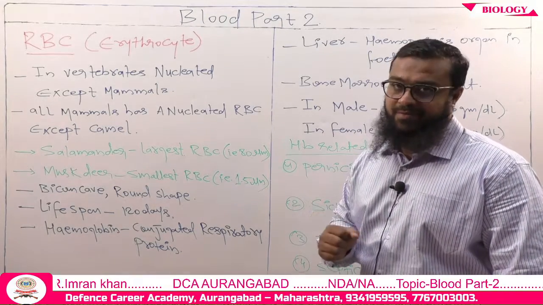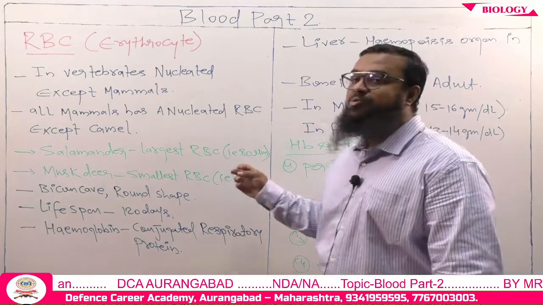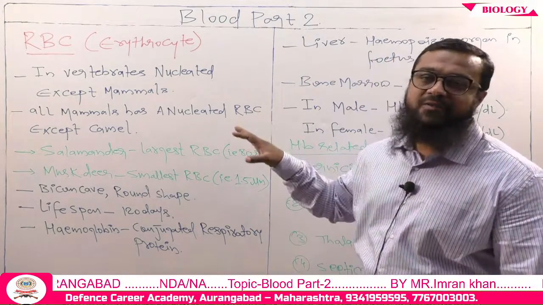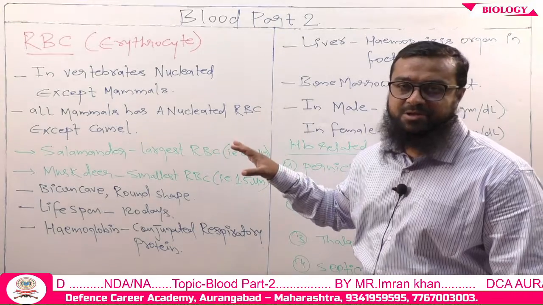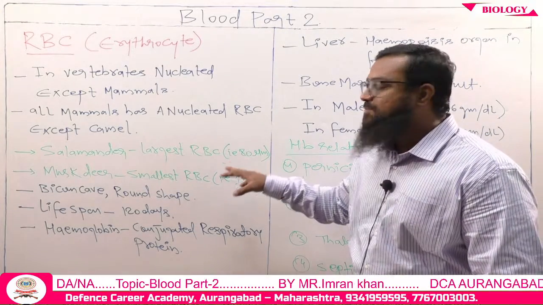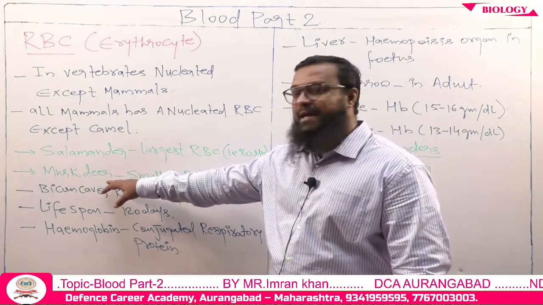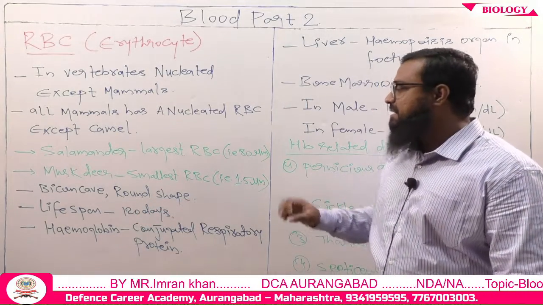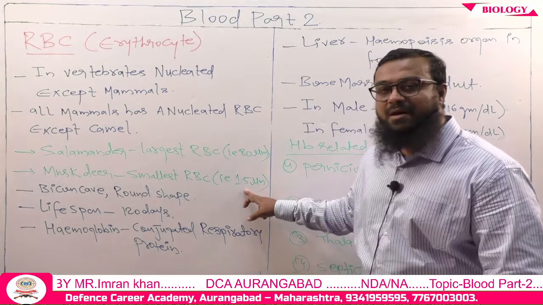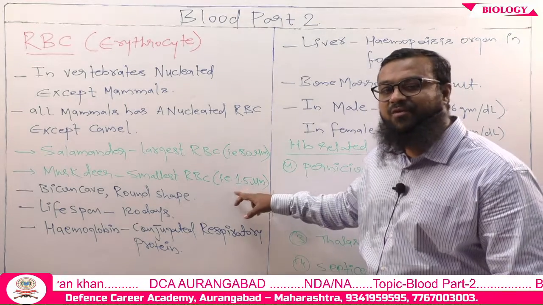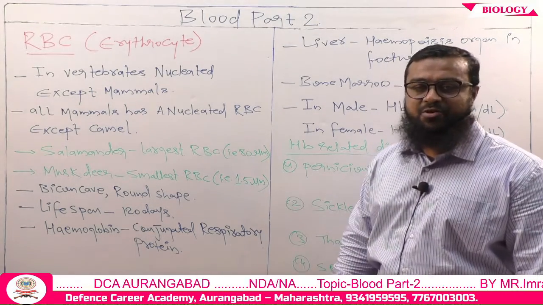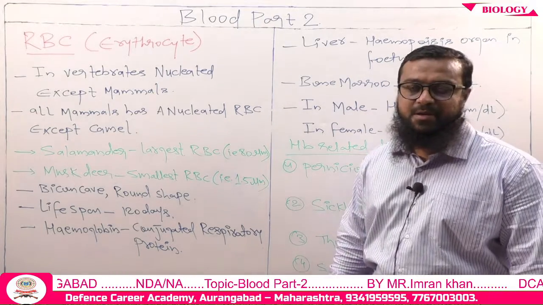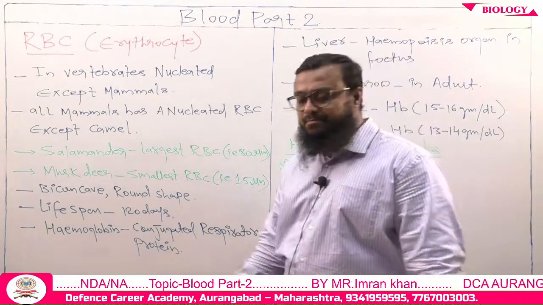Now, what about the smallest RBC? These points are very important in NDA examinations. The smallest RBC is present in musk deer. Musk deer has the smallest RBC, with a diameter of 1.5 micrometer, which is the smallest one.